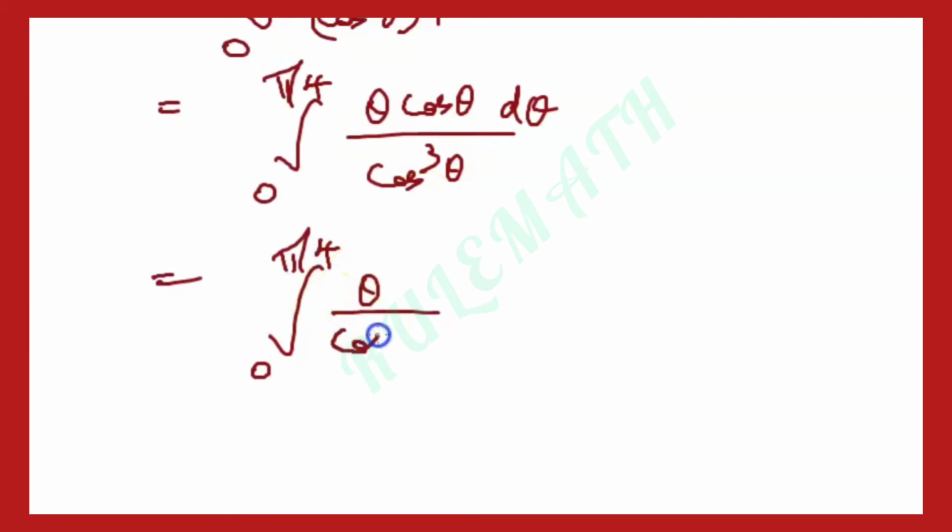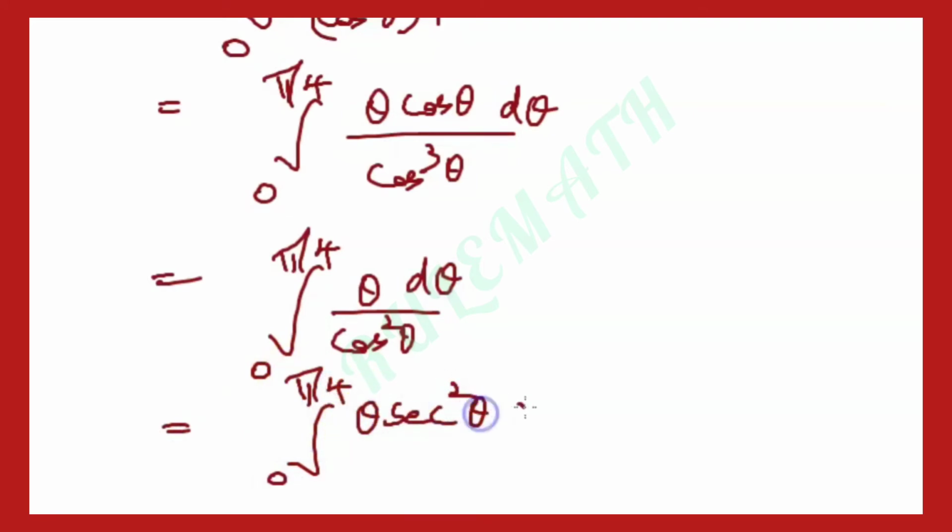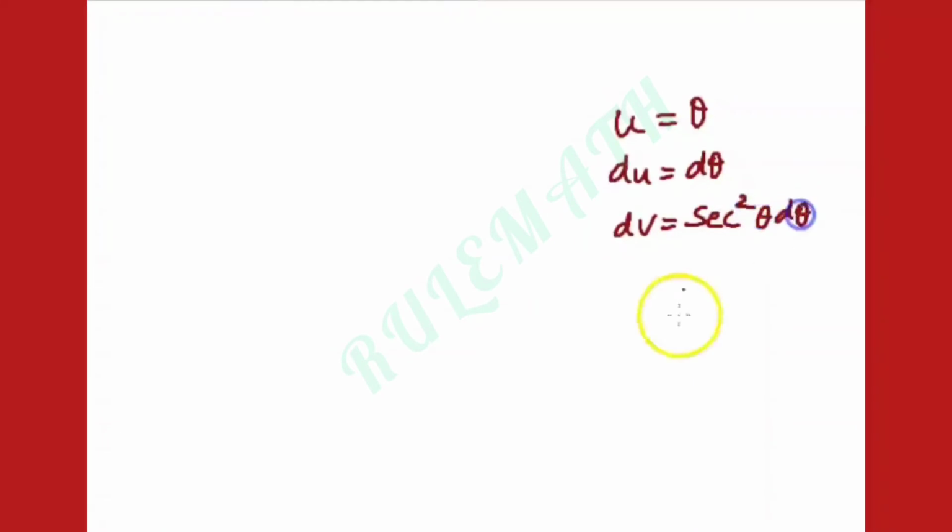So reciprocal of cos theta is secant theta, so let us write it as theta secant square theta d theta. So it's a product of two functions now. Let's take the first function u as theta. du will be d theta, and the rest of the integral, secant square theta d theta, as dv. On integrating, we get v is equal to tan theta.